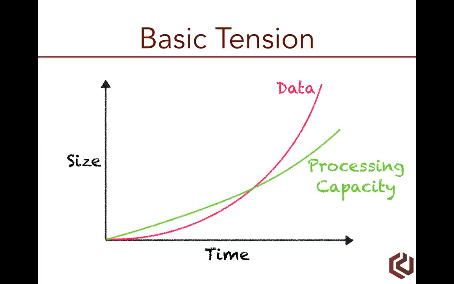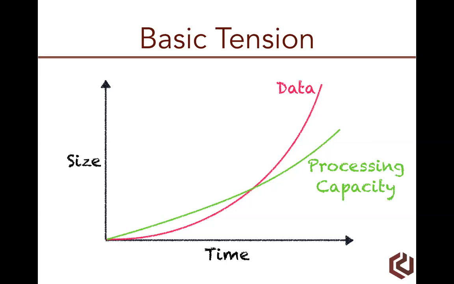Before we get into any of those research details, why are we studying this in the first place? I basically believe that there's a basic tension between the data growth in our society and the processing capacity that we have. Data is fundamentally growing faster than the capacity we have to process it. There are many reasons for it: energy reasons and fundamental physics reasons.